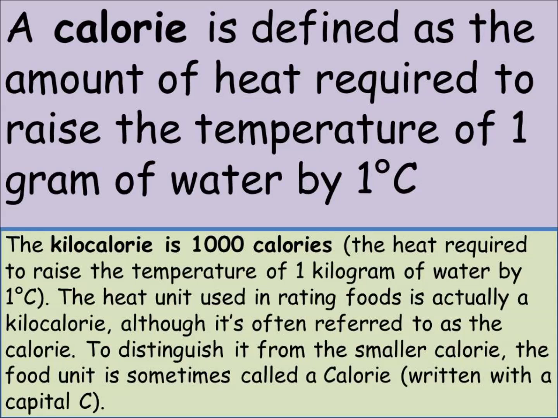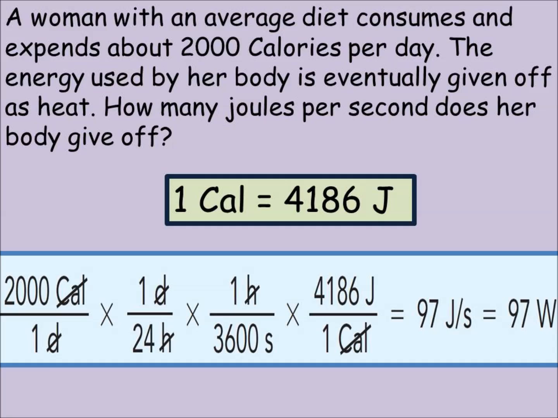Now, looking at this particular example, you have a woman with an average diet that consumes and expends approximately 2,000 Calories per day. The energy used by her body is eventually given off as heat. How many joules per second does her body give off? Well, you simply have to convert from Calories to joules using 1 Calorie, with a capital C, equals 4,186 joules. 1 scientific calorie equals 4.186 joules.